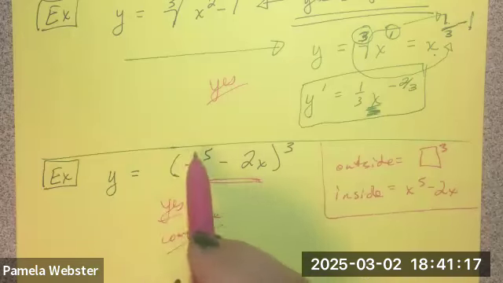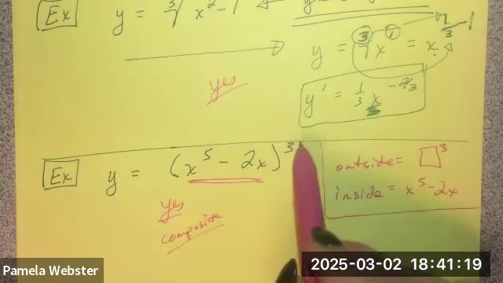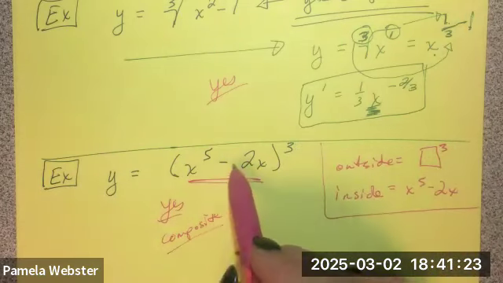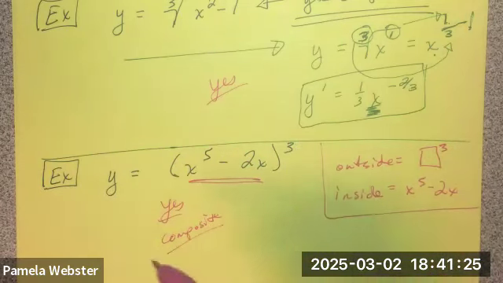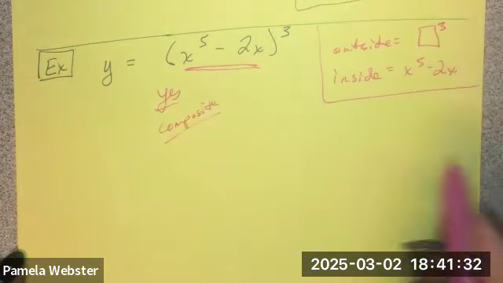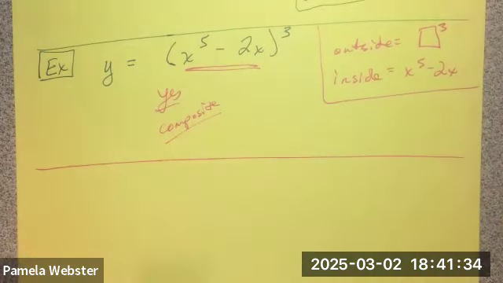And again, now that it looks like all this stuff inside of the cube, if it was just x cubed, it was an easy take, right? Okay, but once I have all this stuff, we're going to have to go a little bit more in depth and get a little bit more work going on. Okay, so here you go.